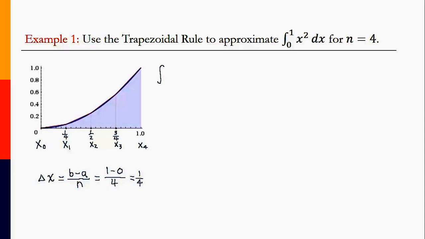So to approximate the integral from 0 to 1 of x squared dx, it will approximately equal b, which is 1, minus a, 0, divided by 2 times n, which is 4, multiplied by f of 0.